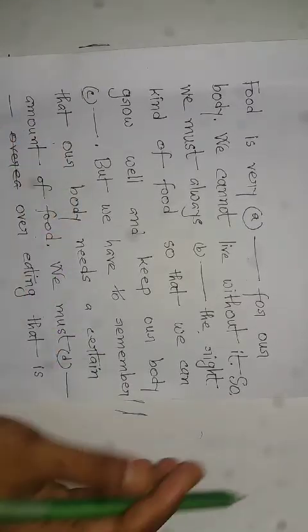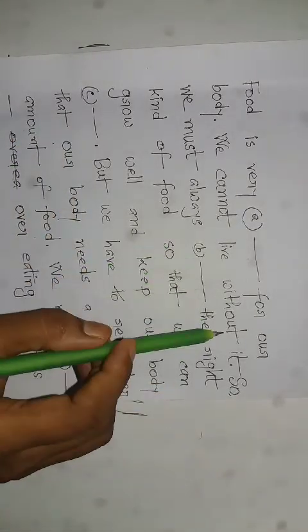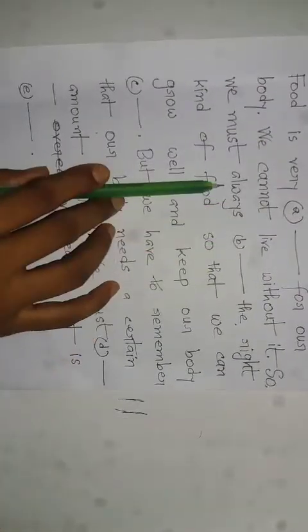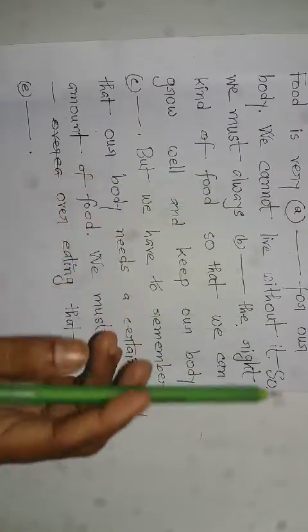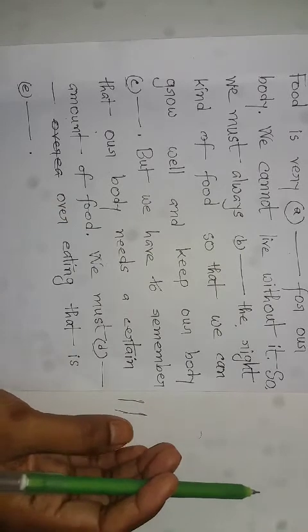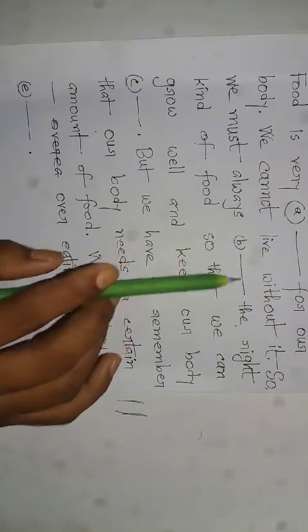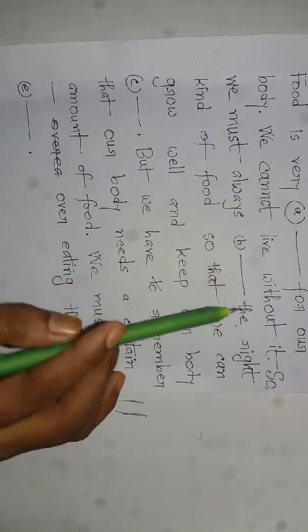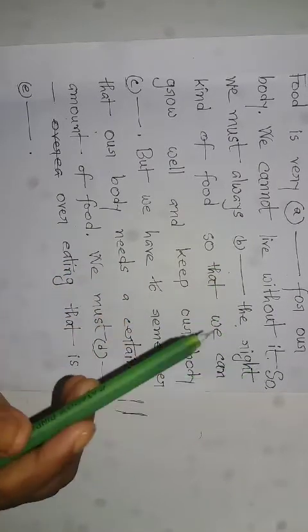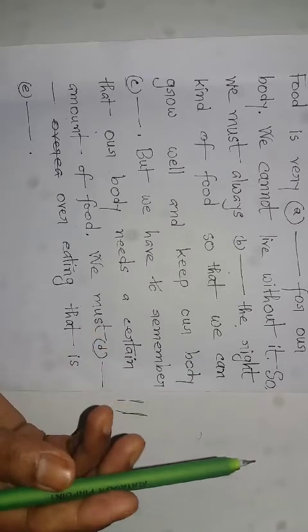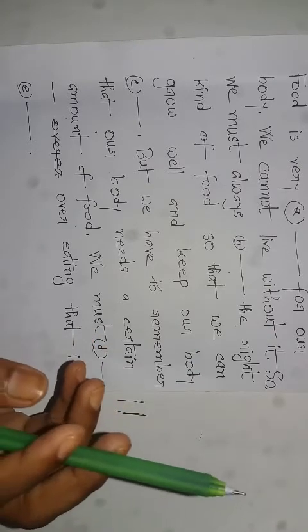Let's see the next sentence. There is a gap after modal auxiliary verb. You know, after a modal auxiliary verb, a main verb or a principal verb is necessary. So you have to put a main verb to complete the sentence. Again, notice the meaning of the sentence that will help you to choose the right word.